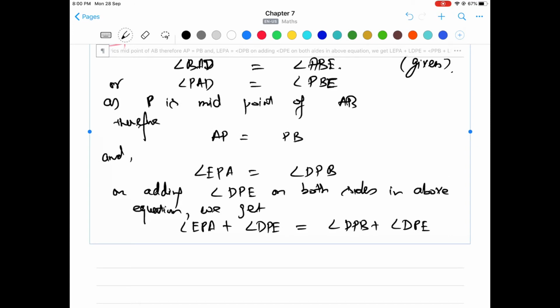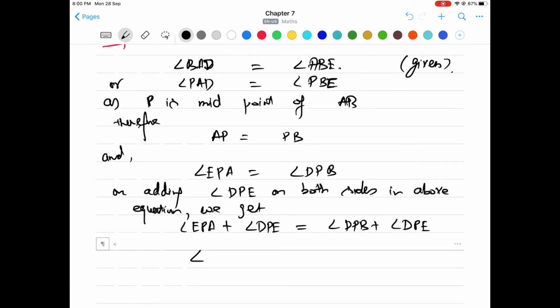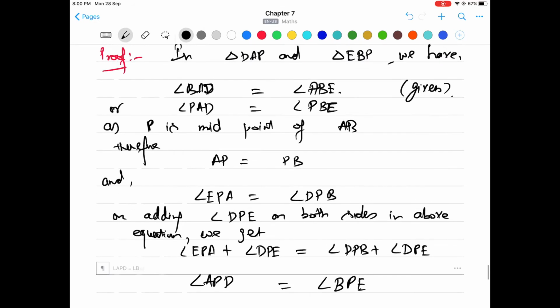So when you add these two you will get angle APD on this side, and on this side we'll have angle BPE.